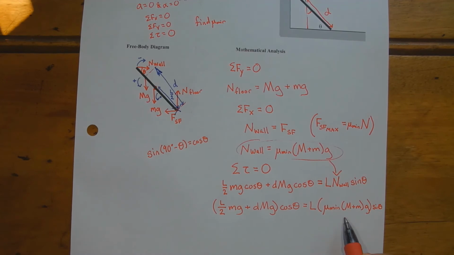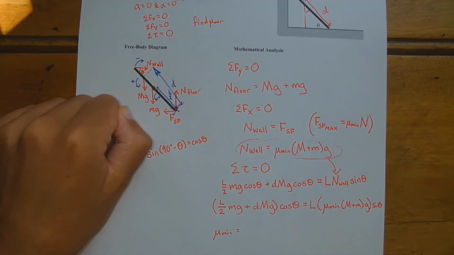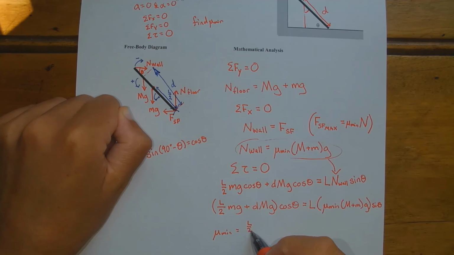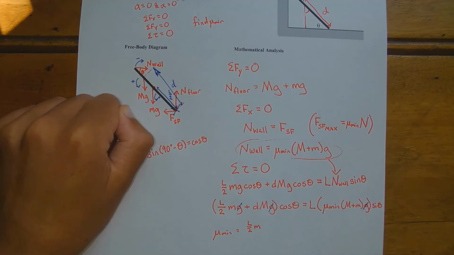Then I can divide by everything that's on this side except for the coefficient of friction to figure out what that coefficient is. So I have L over 2. I have a little g in each term, so that cancels out.